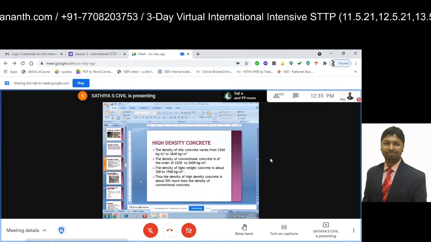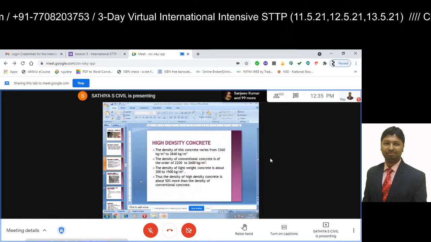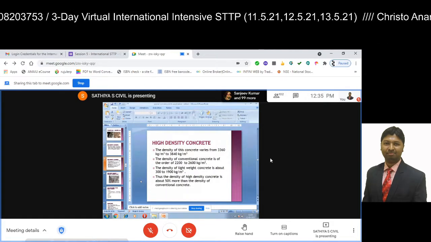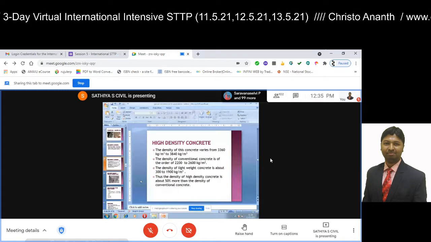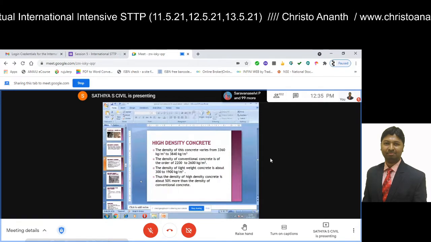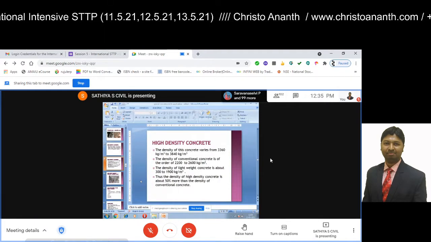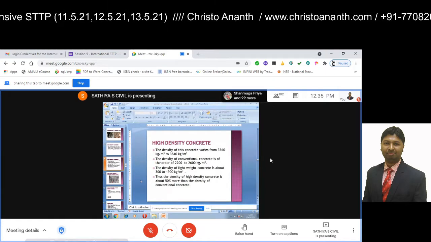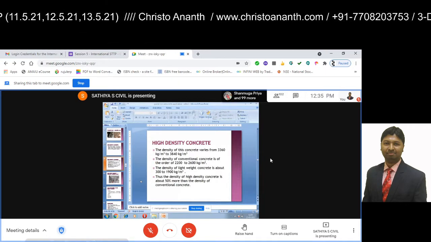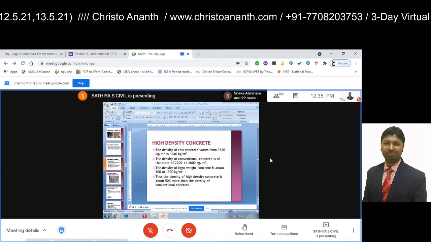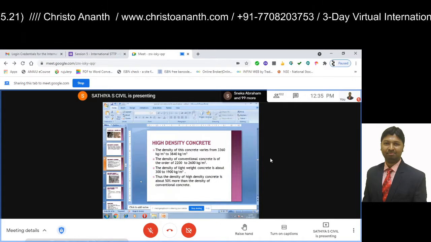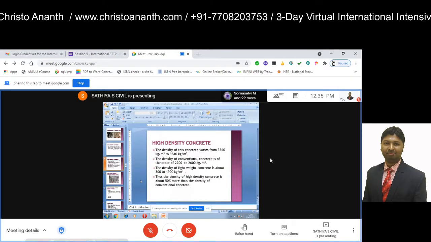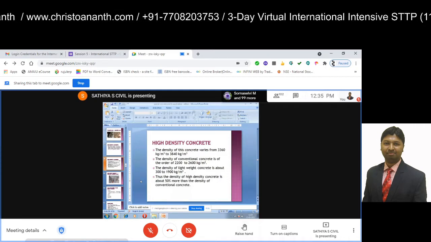Then the density of conventional concrete, that is the normal weight concrete, is about 2,200 to 2,600 kg per meter cube, and the density of lightweight concrete is about 300 to 1,900 kg per meter cube. From this table, we can compare the weight of high density concrete, conventional concrete, and lightweight concrete.